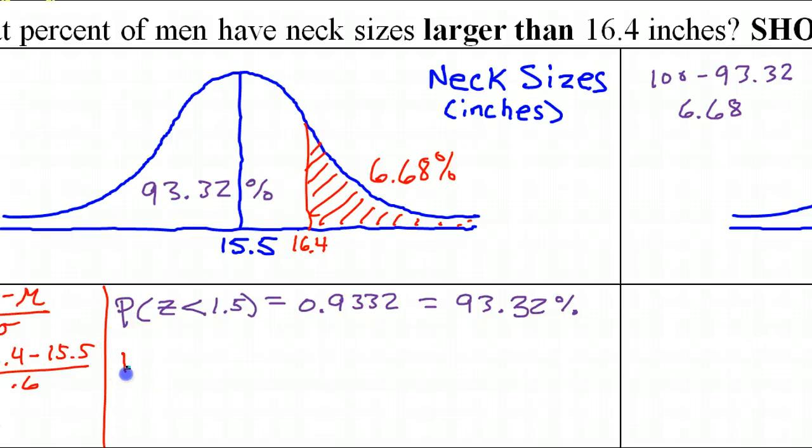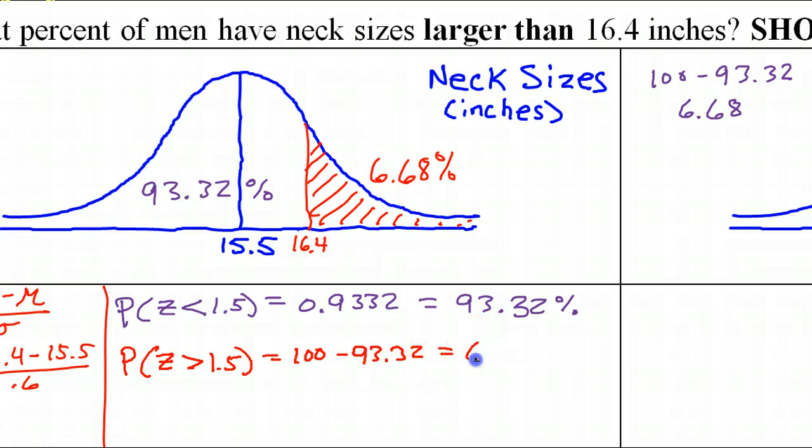Let's go ahead and put this on the picture. If I want the probability that the z value is greater than 1.5, then like you just saw, I had to do 100 minus 93.32, and I got 6.68%.